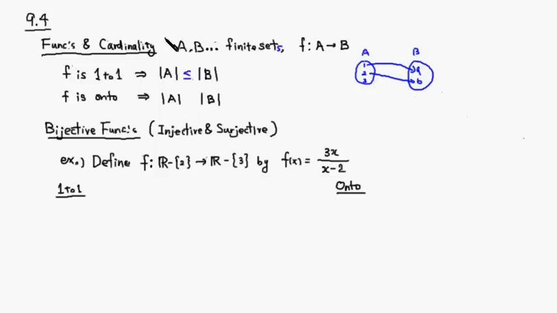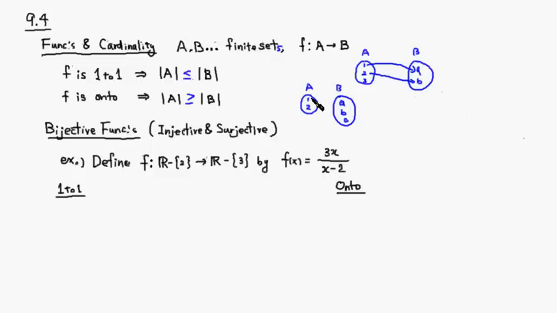If there's a function that is onto from A to B, then we know that the cardinality of A has to be at least as big as the cardinality of B. Why is that? Let's look at an example where B has a larger cardinality. Say A has 1 and 2, and B has 3 elements, A, B, C. Let's try to make a function that is onto.